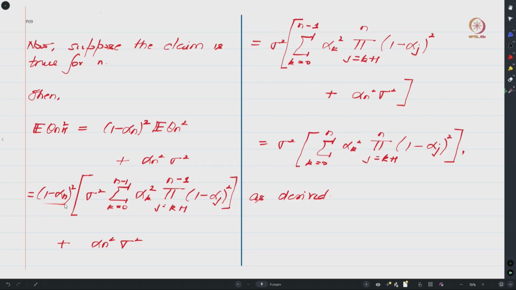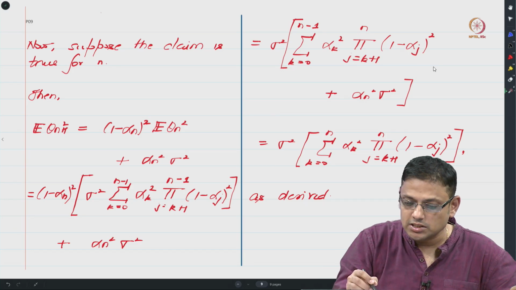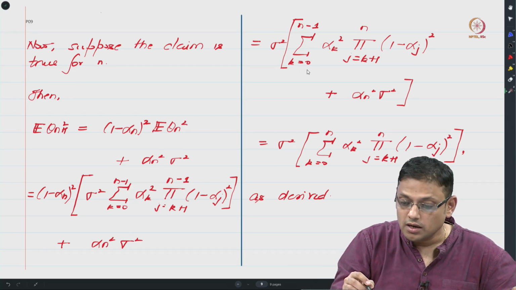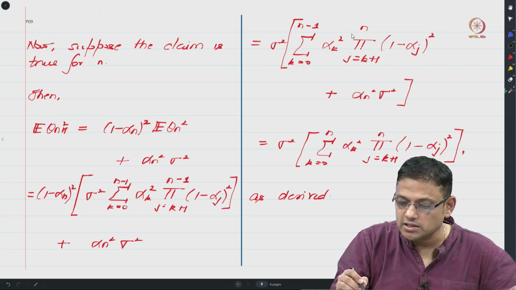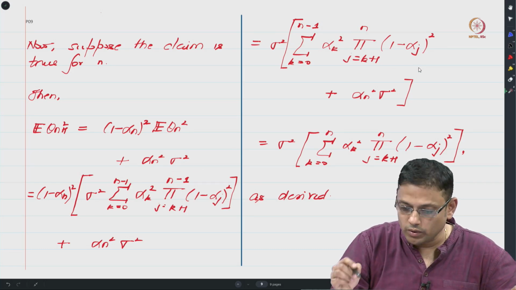Because this (1 minus alpha n) square is outside, we can take it inside, and every expression here can be pre-multiplied by it, so that I can increase the upper index of this product from n minus 1 to n. Hence this whole expression will become sigma square times this summation, k equals 0 to n minus 1 of alpha k square times this product, where observe that the upper index has now changed, and alpha n square times sigma square.